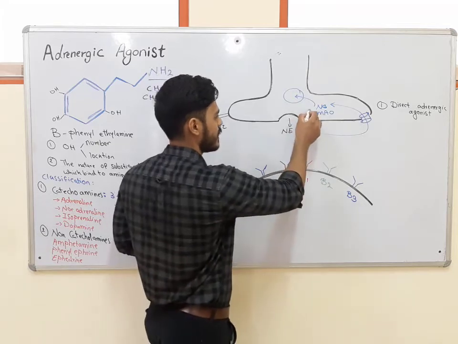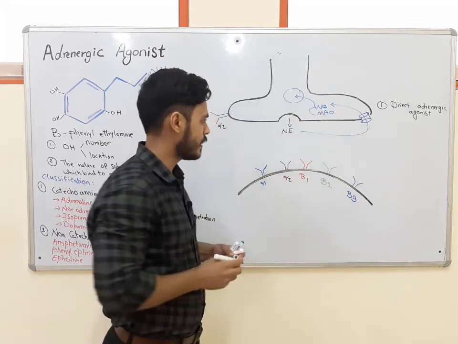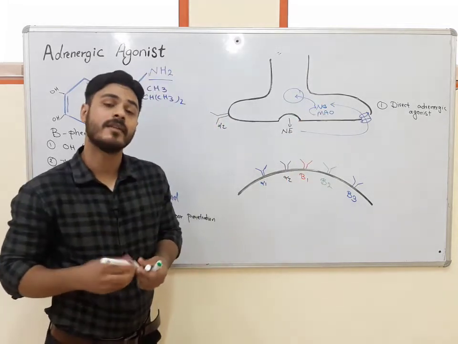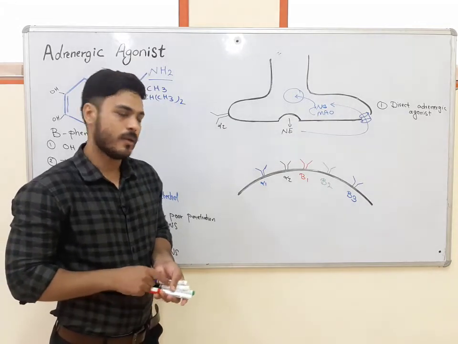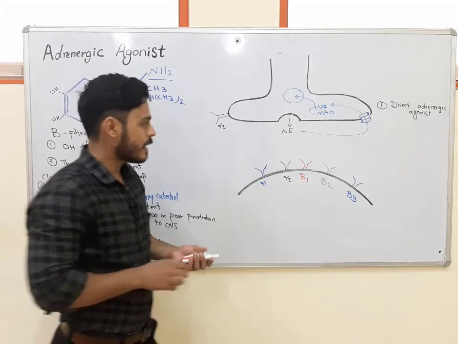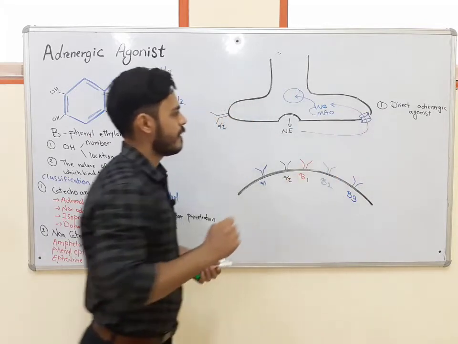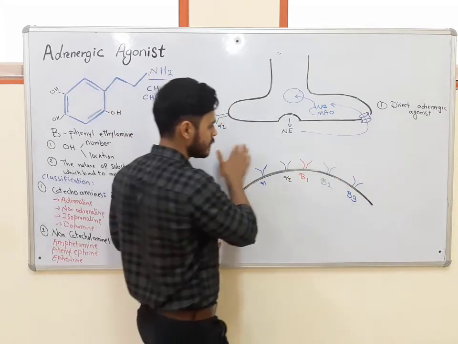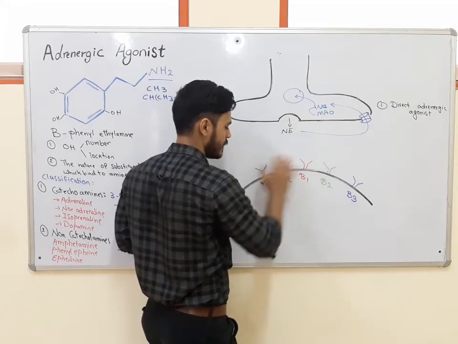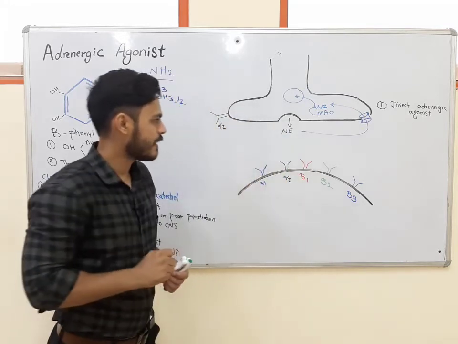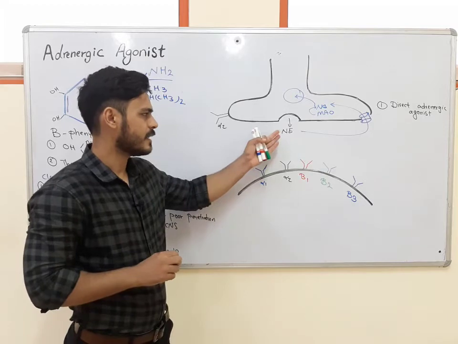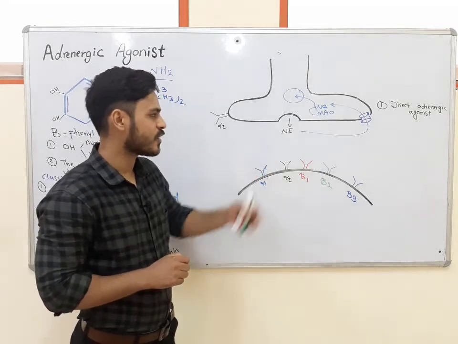This monoamine oxidase metabolizes the noradrenaline or norepinephrine, and it terminates the action of norepinephrine. Now, if we can inhibit this transporter, we can increase the concentration of noradrenaline in the synapses, and we can increase the effect of this neurotransmitter on the target organ.